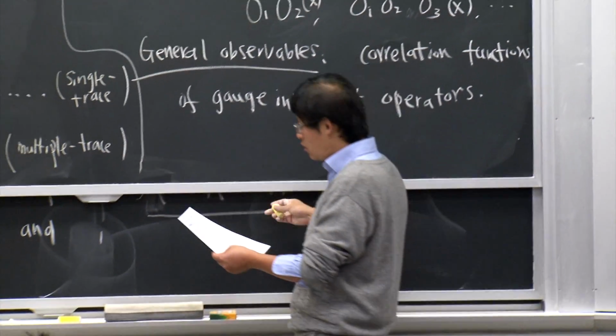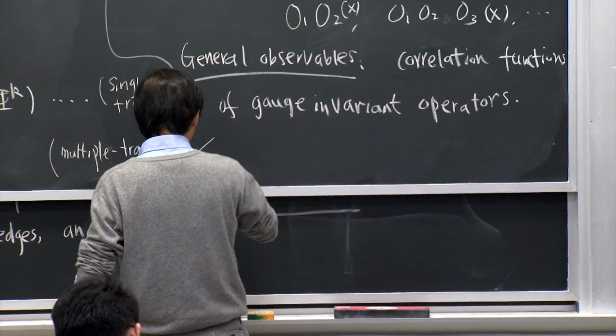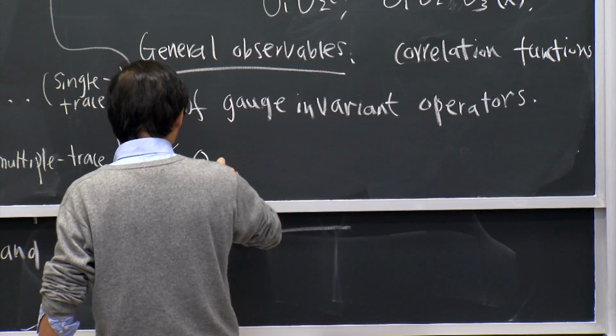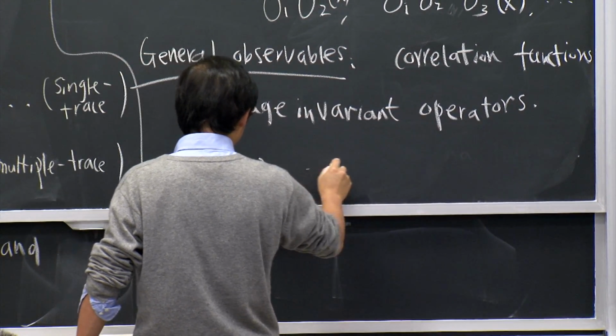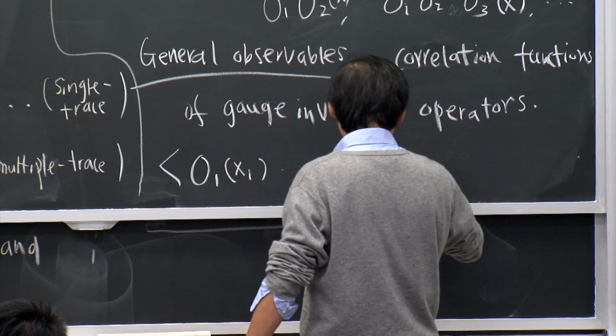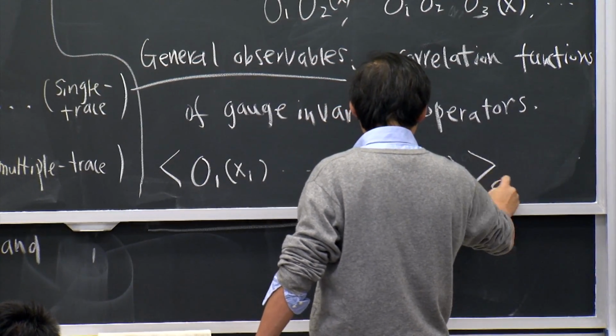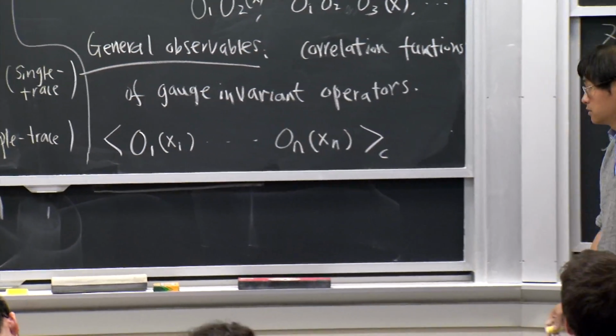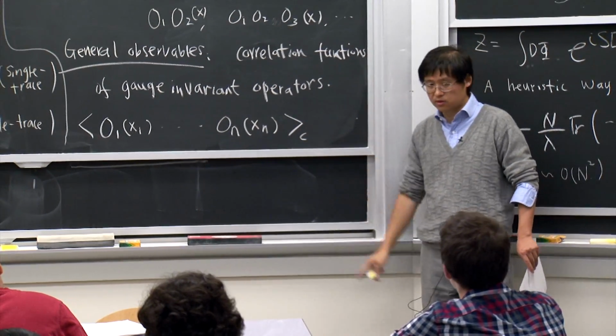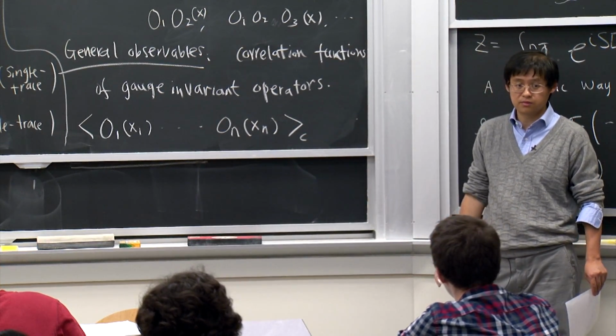So the typical observable will have this form. It will be just a product of some operators, and their correlation functions. Okay. By C, I mean the connected correlation functions.